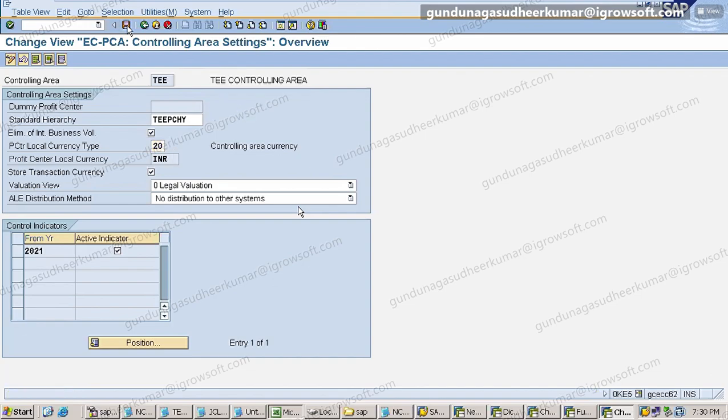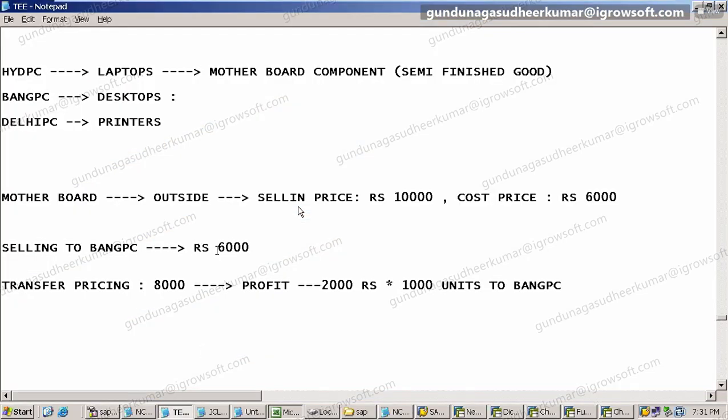Same for this elimination of internal business volume. If we take that, the amount given within the company will not be considered in the profit center. Exactly. Whatever business they are doing between Hyderabad and Bangalore, that we don't consider for the profit center reports.